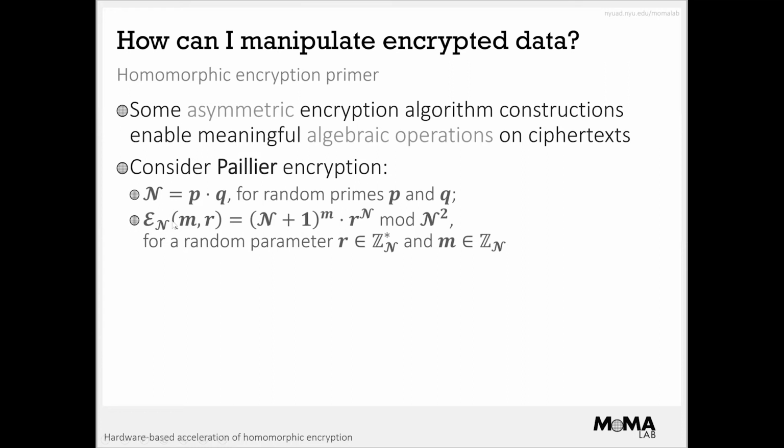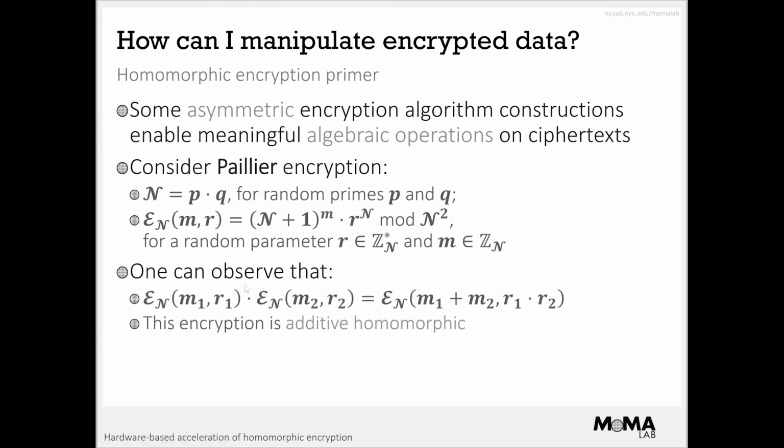So when you encrypt a message with some randomness and you encrypt another message, we can observe that when we multiply the ciphertexts, because you have a common base here, the resulting ciphertext is actually adding the messages. So if I multiply the encryption of M1 by the encryption of M2, the result will be the encryption of the addition of M1 and M2, because here this is the exponent.